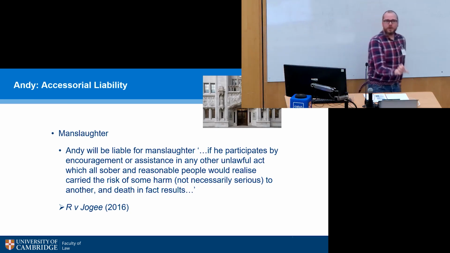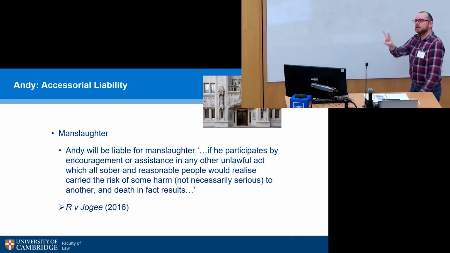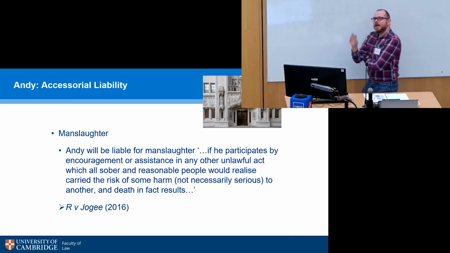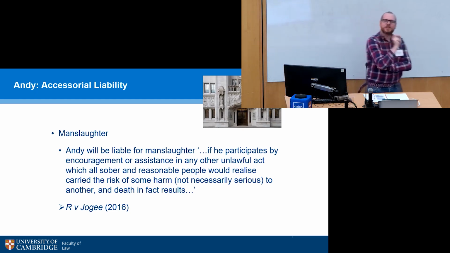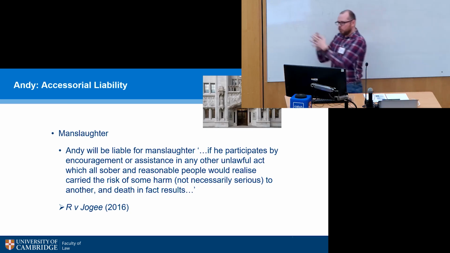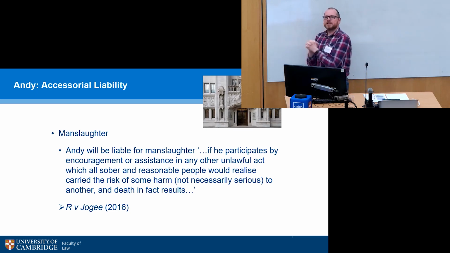If we focus on the assault, the second element that we need to find proved here is dangerousness. And dangerousness is that all sober and reasonable people would realize that the unlawful act carried a risk of some harm. So was the assault, pointing a gun at someone, dangerous in this sense?